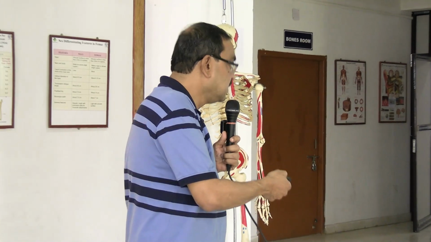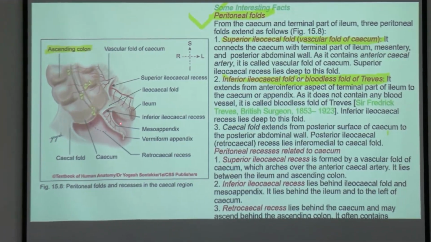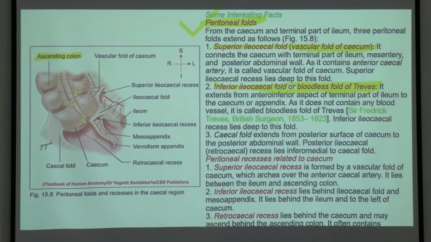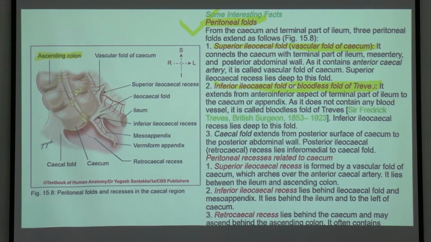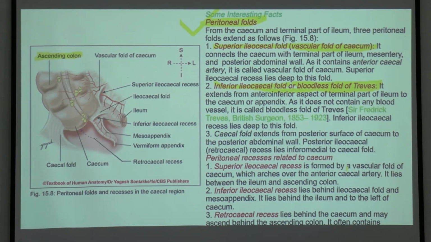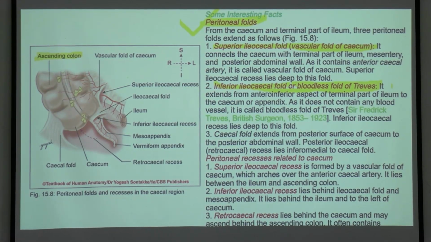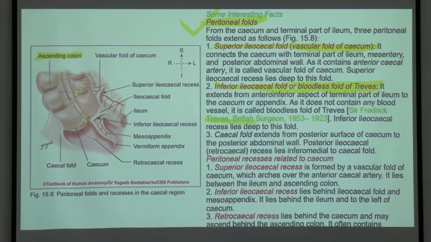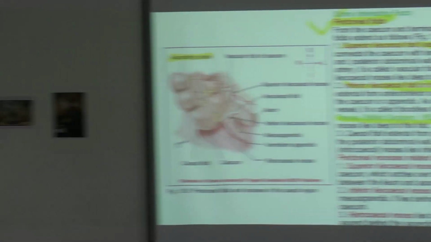And the recess formed by these folds is called the superior and inferior ileocecal recesses. You can see the superior one contains so many blood vessels, but in the inferior one there is no blood vessel. That area is called the bloodless area of Treves, on the inferior ileocecal recess which is formed by the inferior ileocecal fold.